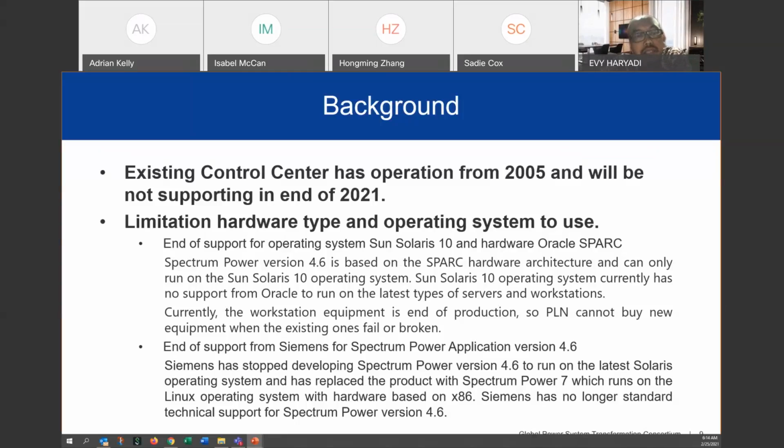Also, Spectrum Power System 4.6 no longer has support from Siemens, because they now only support the Spectrum Power set.